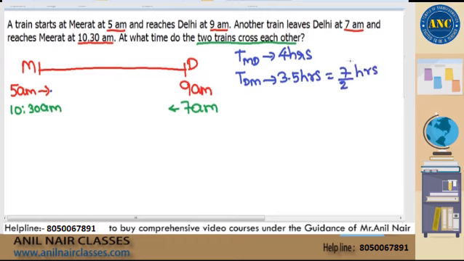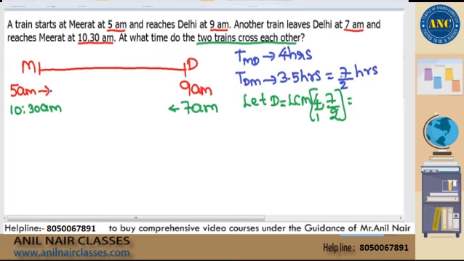Now see here, I know that the distance is constant. So I will take the distance as LCM of the given numbers. LCM of 4, 7/2. LCM of fractions, 4 is 4/1.